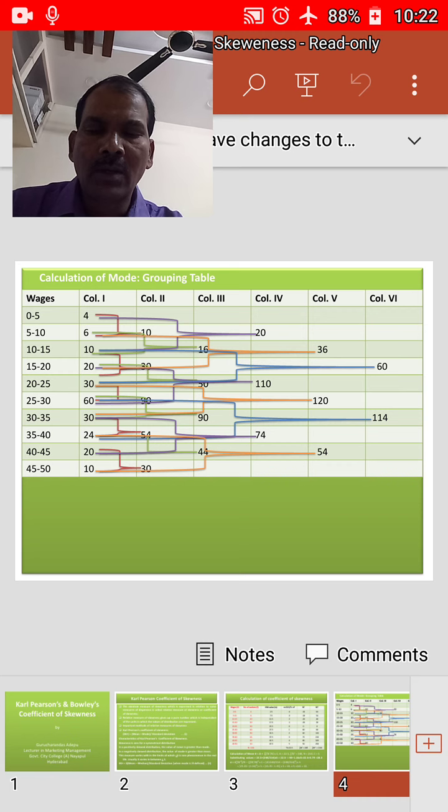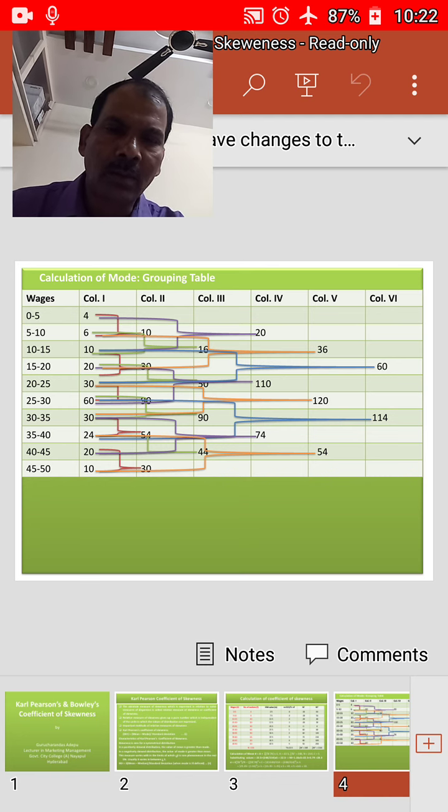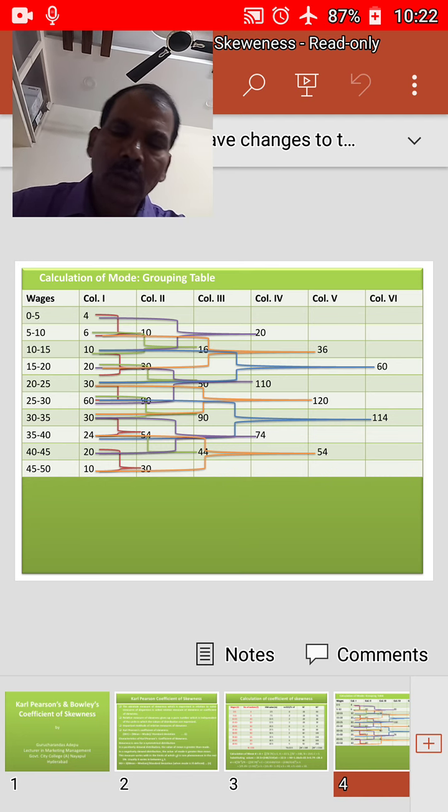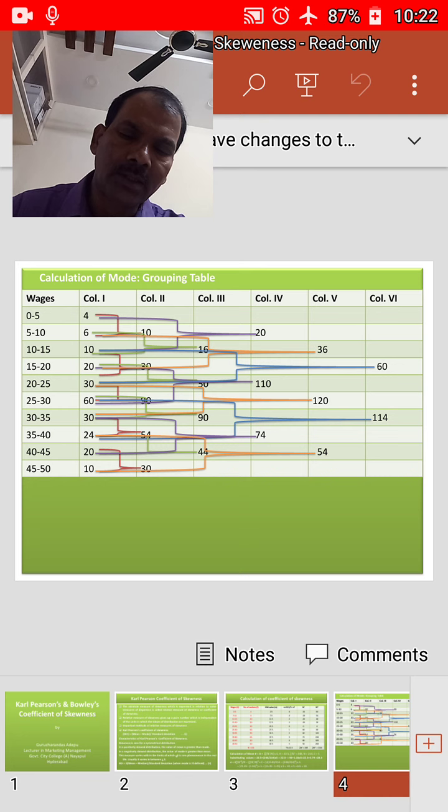To get column 2, we need to add two frequencies. Pair the frequencies in twos, that is 4 plus 6, 10. 10 plus 20, 30. 30 plus 60, 90. 30 plus 24, 54. 10 plus 20, 30.